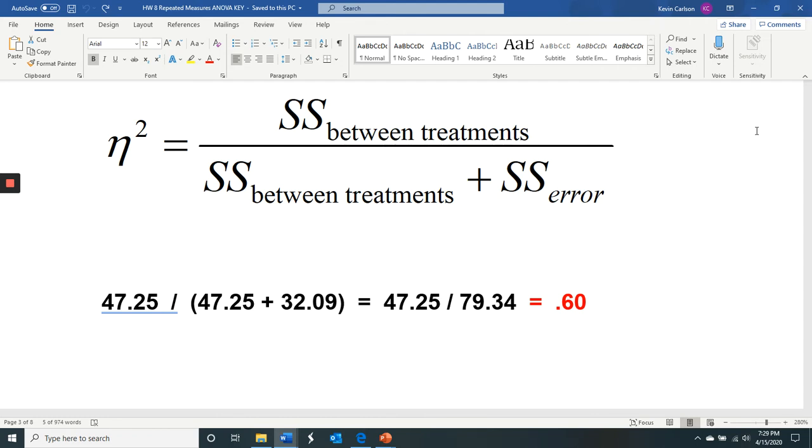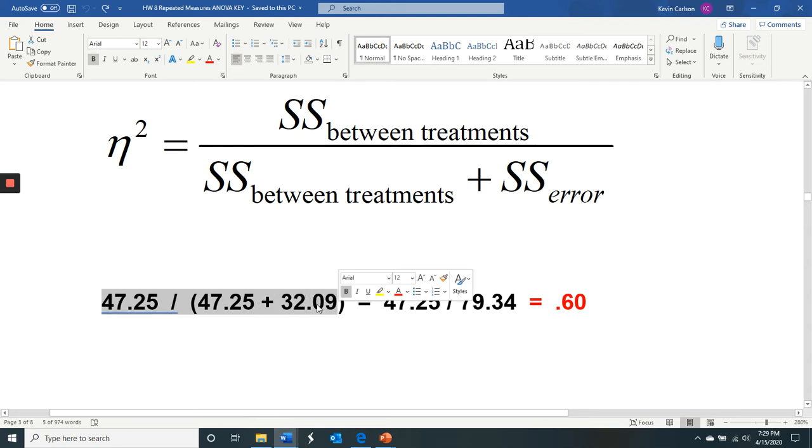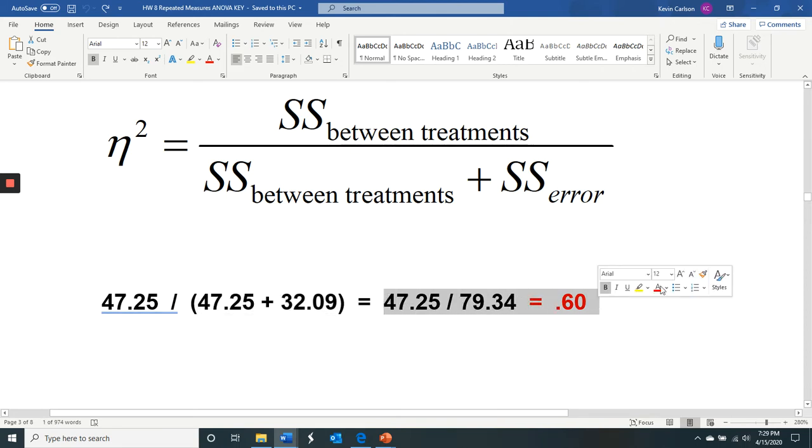So sum of squares between treatments divided by sum of squares between treatments plus sum of squares error. So we just plug in the numbers from above. We've already calculated this stuff. So make sure on the bottom you add these things first and get 79.34. So you divide this and you end up with 0.60. So essentially 60% of the hospital admission seems to be directly related to the moon phase, which is a large effect.